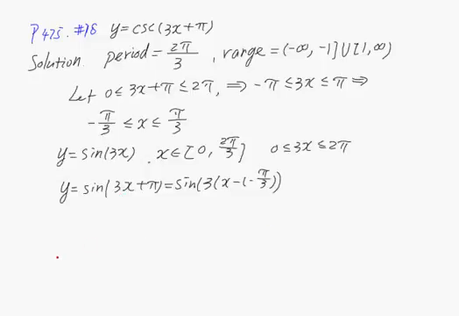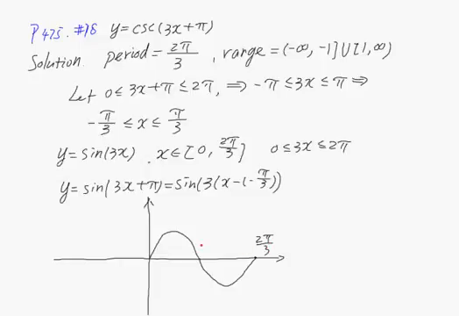So let's draw the graph. And we know we have the graph of sine of 3x like this. Okay. And here this is 2 pi over 3, so this is pi over 3, right?